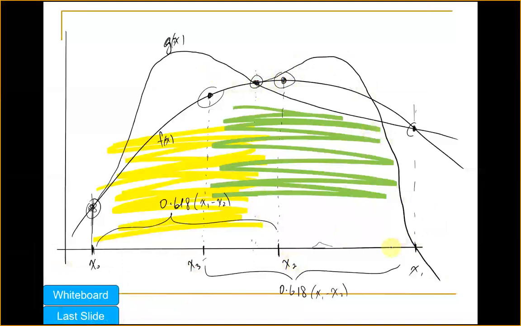So you insert the function like that, then x2 would be here still, right? Yeah, that's where x2 would be. So you just plug x2 into the function and compare it to the others.